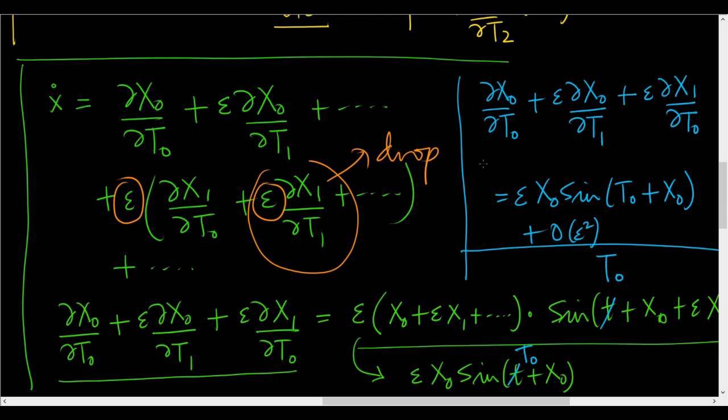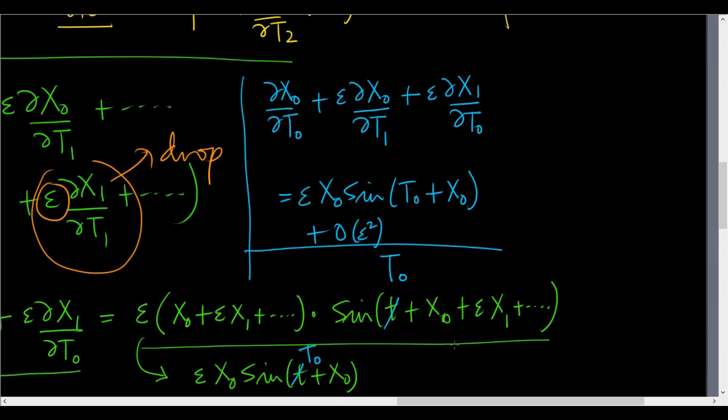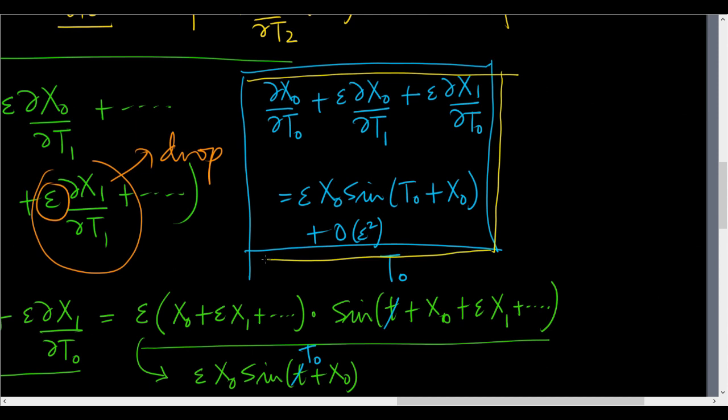There is an order epsilon square on the left side also, but I can bring it to the right side and absorb it, so I'm not writing it separately. This is our equation. This is what we have to handle. Let me put it inside a yellow box also to help you realize that the first part is done.